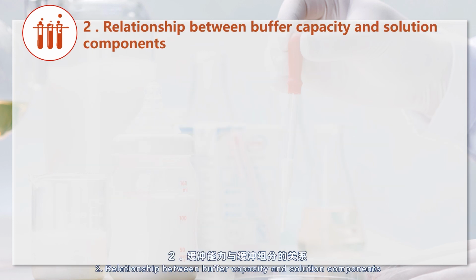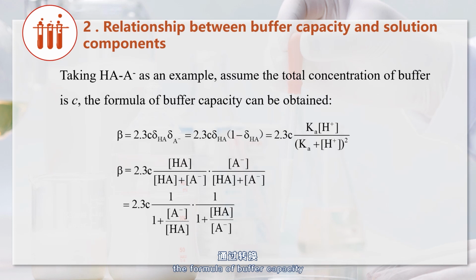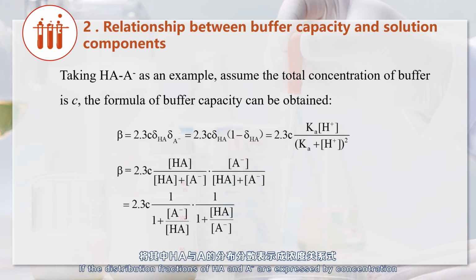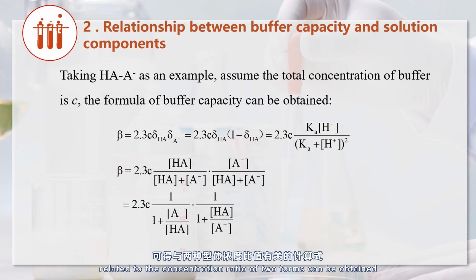2. Relationship between buffer capacity and solution components. Taking HA-A- as example, assuming the total concentration of buffer is C, the formula of buffer capacity can be obtained by transformation. If the distribution fractions of HA and A- are expressed by concentration, a calculation formula of beta related to the concentration ratio of two forms can be obtained.